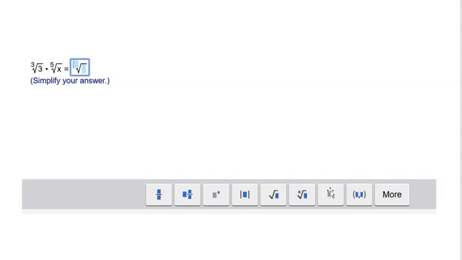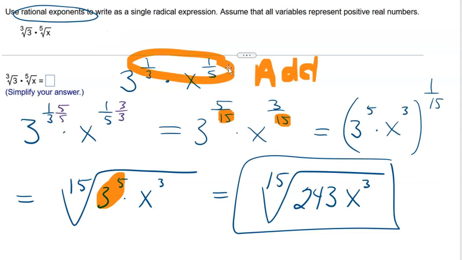There we go. Now what goes here, remember, is 15. So I'm going to type in a 15 right here in that upper one because it's a 15th root. Now what I'm supposed to type in down here is going to be 243. And remember, it's x to the, I have to go back and look, my bad, 3rd.